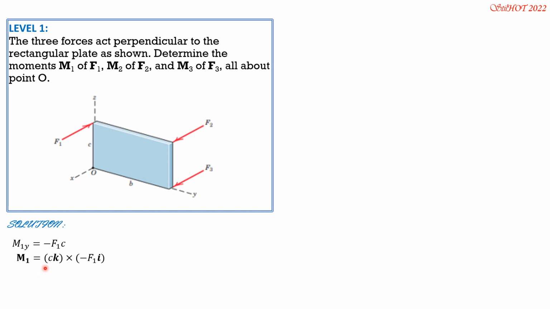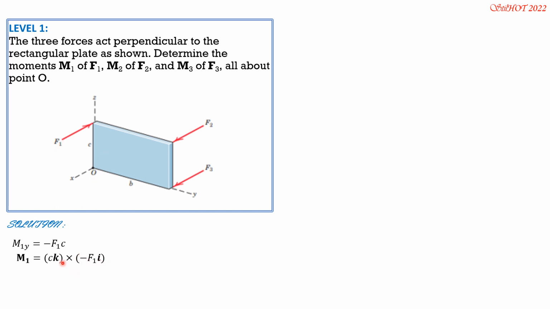Then in vector form, that's r from O to F1. So that position vector is Ck, towards the positive z-axis. Ck cross with the force. The force is opposite to the positive x-axis, so in vector form, it is negative F1 i.